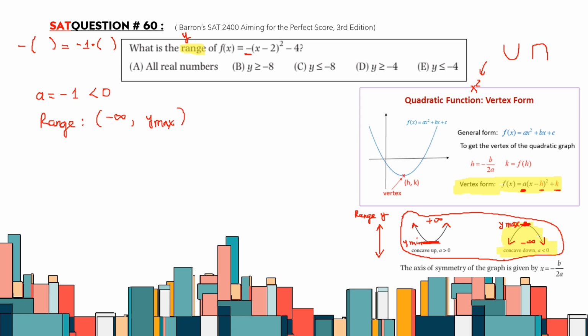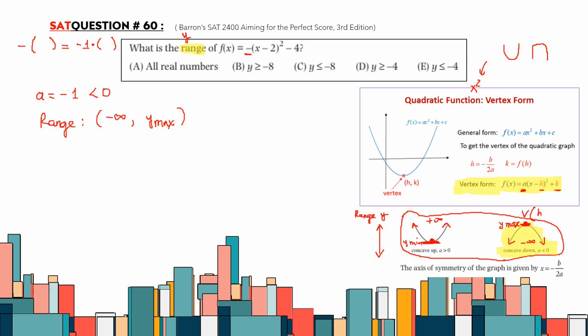And what is the y max here? We know that the top or bottom there is the vertex of the graph. It means it's the critical point of the graph, either at the valley or at the top. That is the vertex, and we only take the y value.